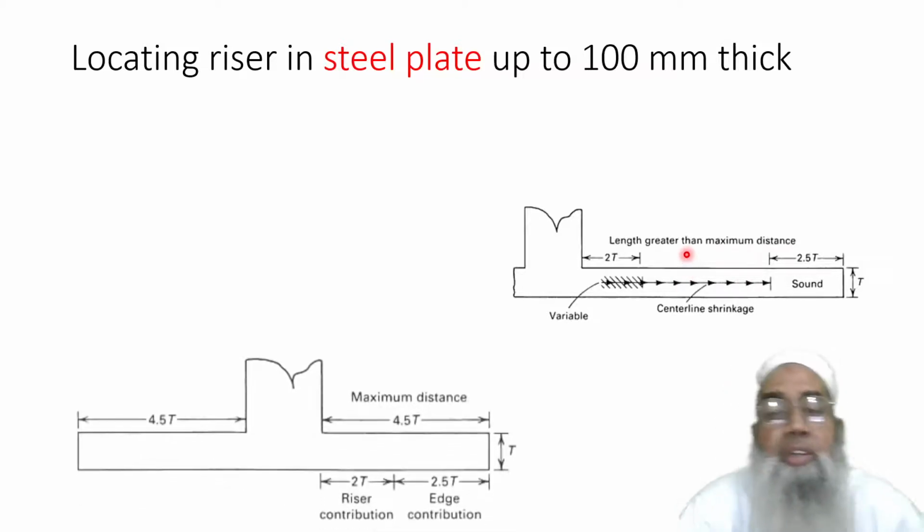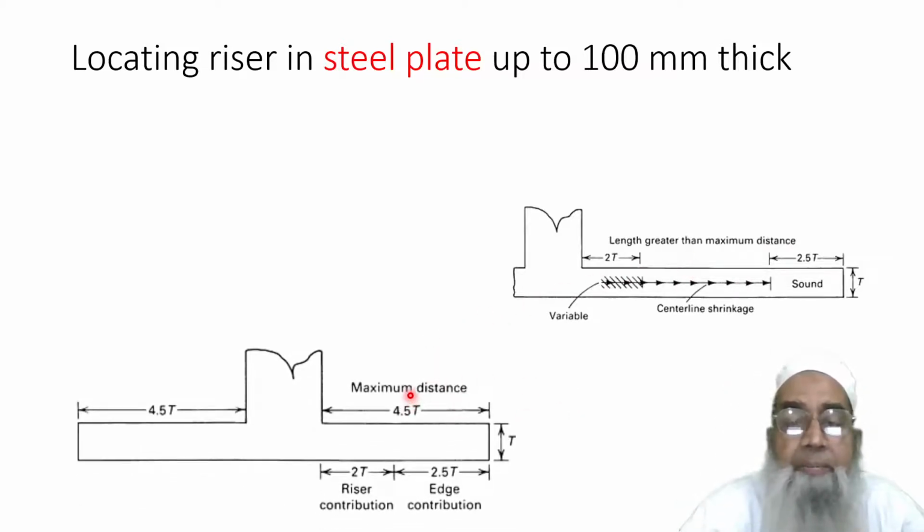Therefore, the maximum distance that a riser can cover, from the end of the sound mold, the mold and metal interface, is 4.5 T. This is due to the end contribution, and this much, 2T, is due to the riser contribution.